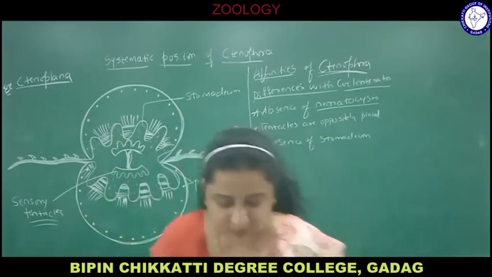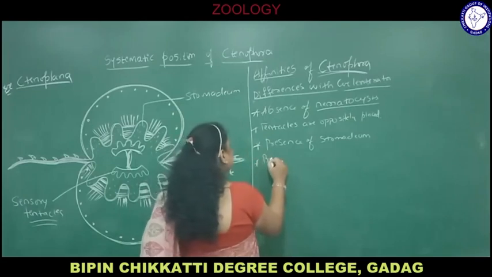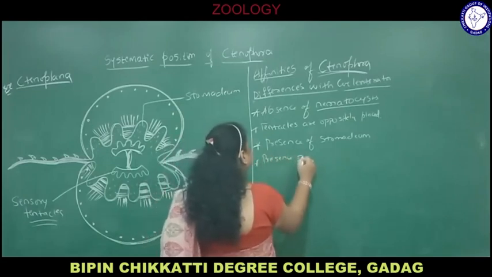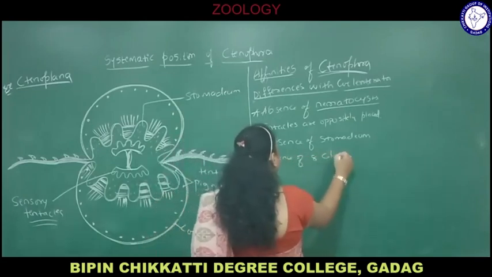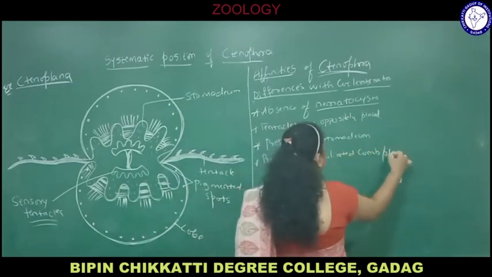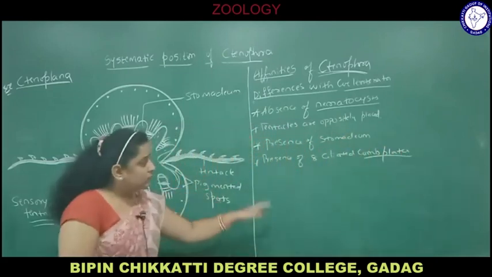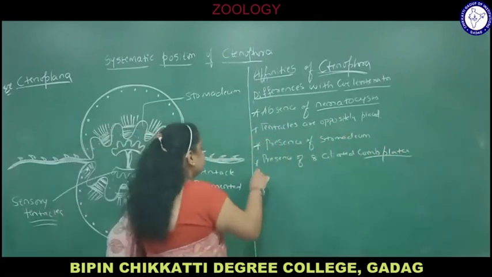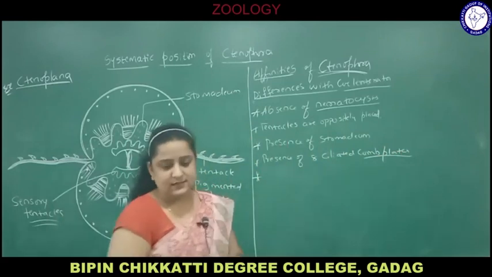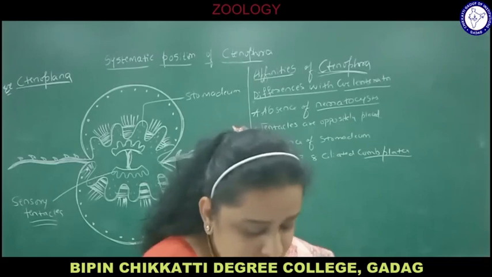Next, presence of 8 locomotory ciliated comb plates. You know this very well. This is the characteristic feature present only in Ctenophores, not in the Cnidaria or Coelenterata.